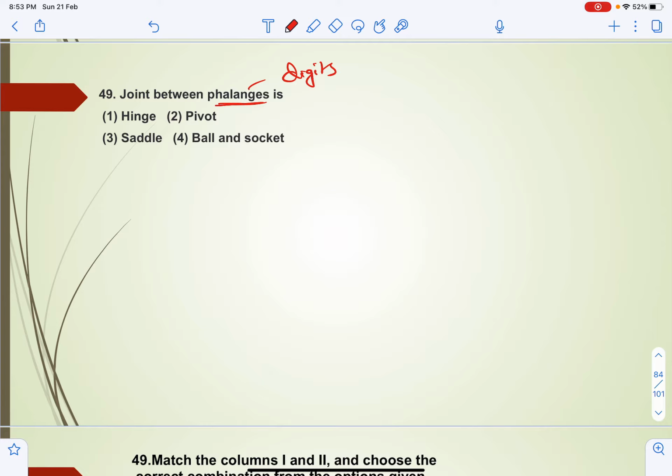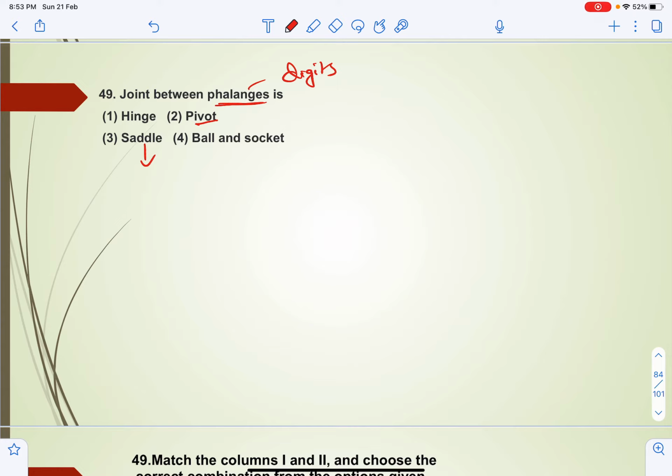Pivot joint is generally in the case of atlas and axis, and saddle joint is in the case of carpals and metacarpals. So whenever one bone articulates with the other bone to show movement, that forms a joint.